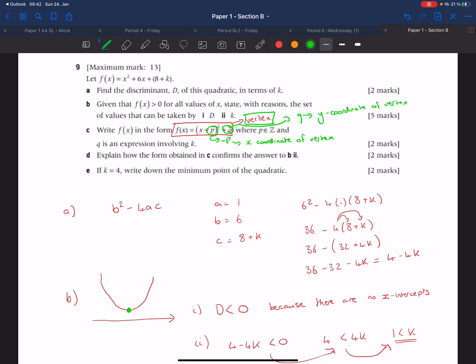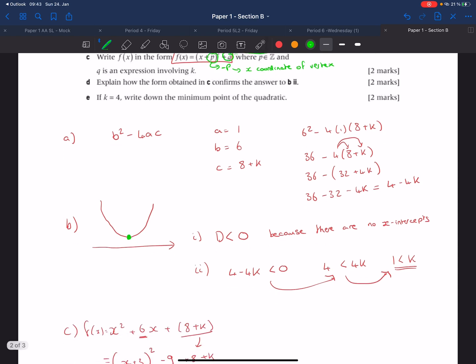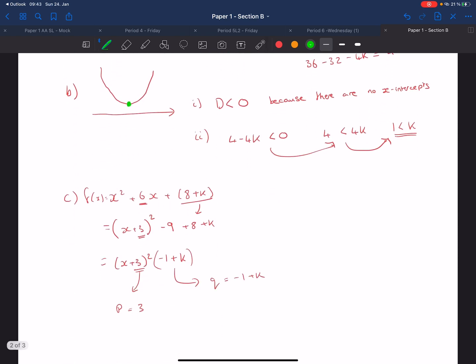And so if we know that this vertex has to be above the x-axis, we know that the y coordinate of that vertex must be greater than 0. So we know that q must be greater than 0.